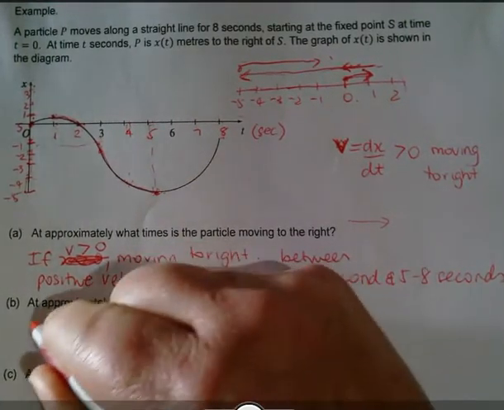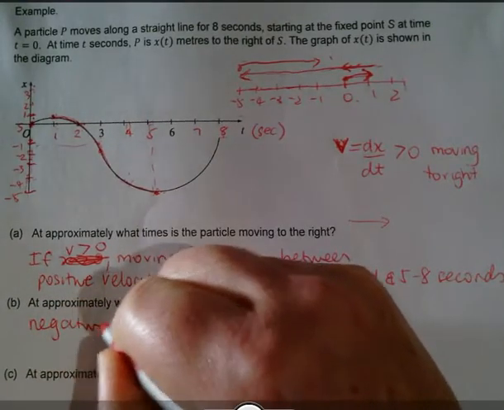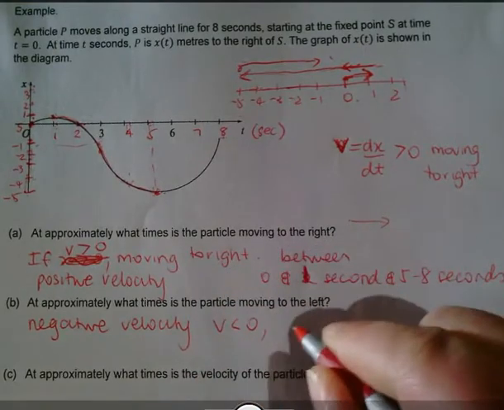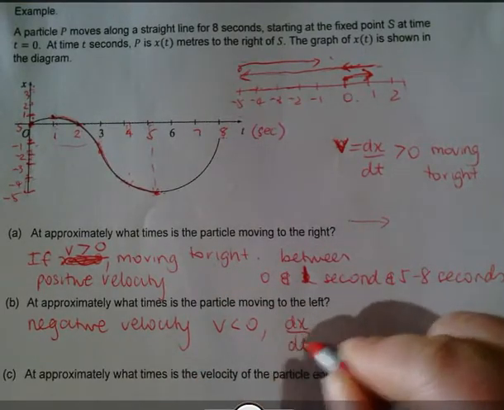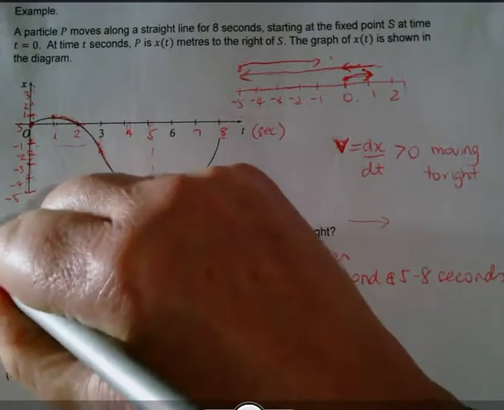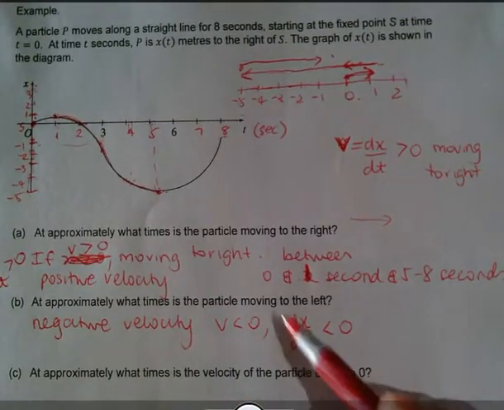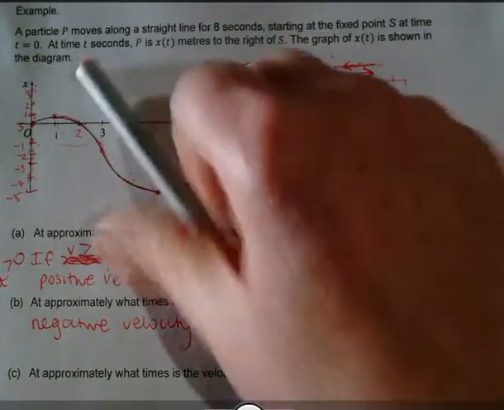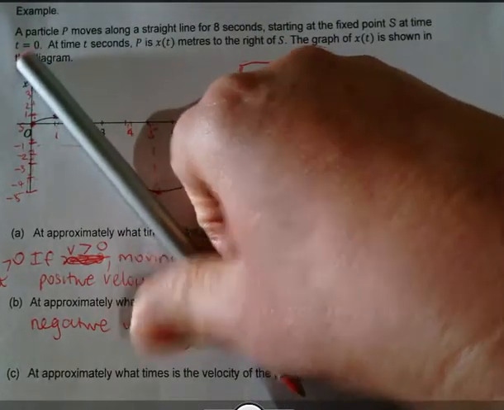So negative velocity is when v is less than 0. In other words, the gradient is less than 0. So this one up here, dx/dt, was greater than 0. This is when the gradient of the x versus t curve is negative. Be careful.